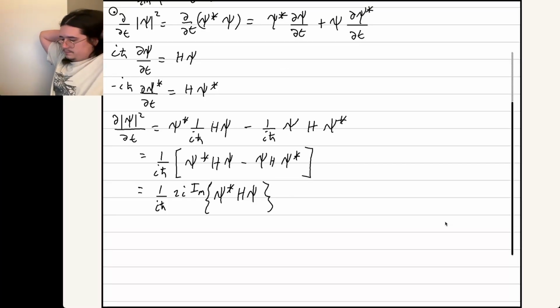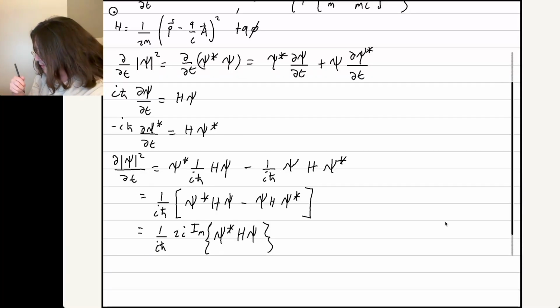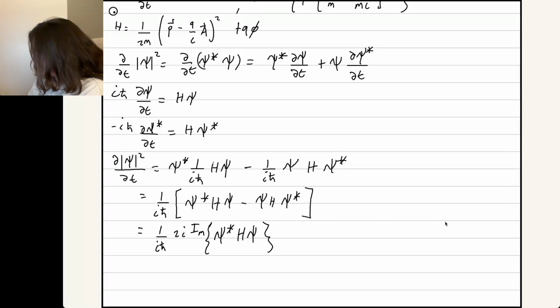Okay, I wrote down the Hamiltonian for a reason, right? Let's look at it. It's 1 over 2m times that stuff plus q phi. Fantastic.